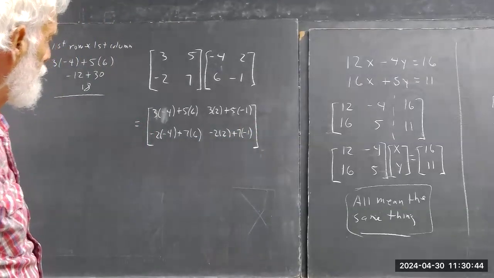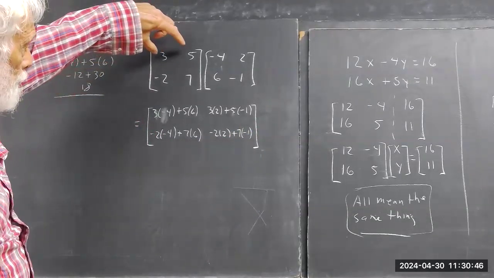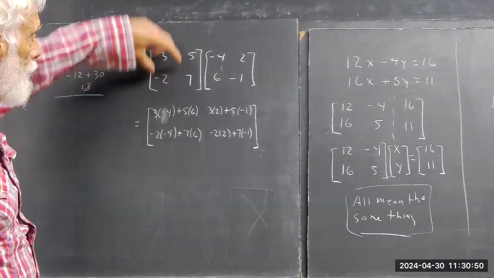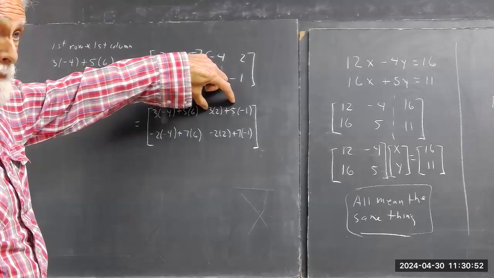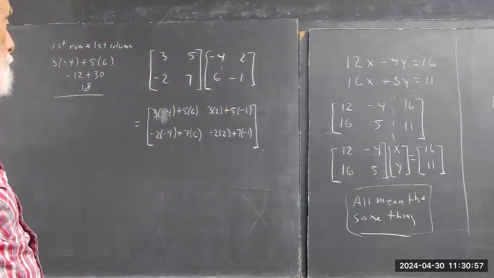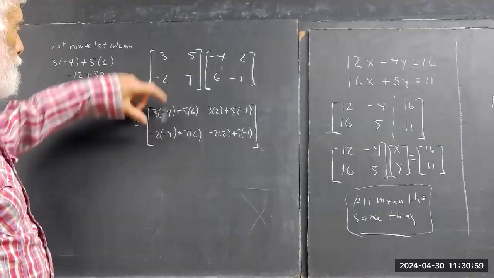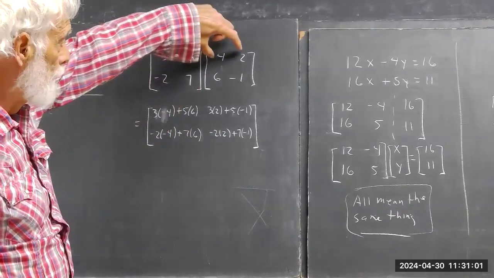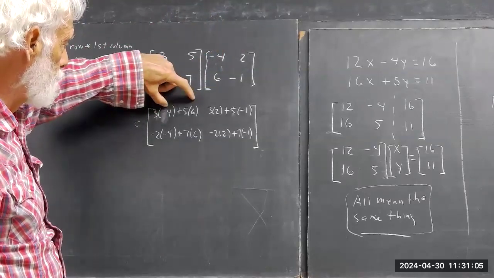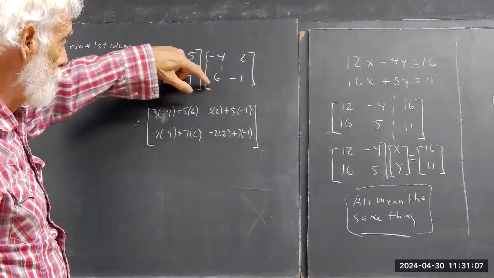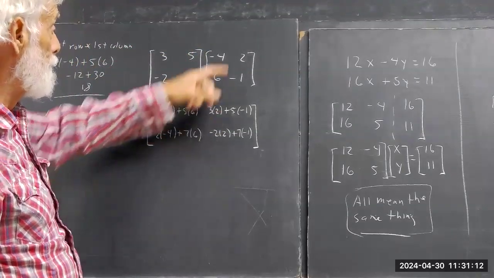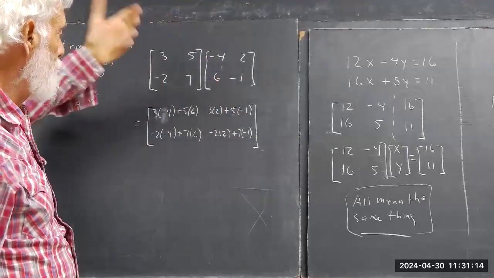So again, I can see my numbers from the first row, 3 and 5, right here. In the first column, I can see the -4 and the 6. In the second column, I can see the 2 and the -1.